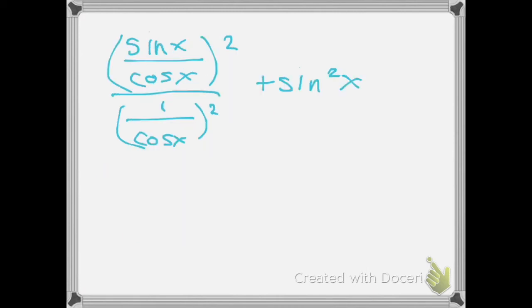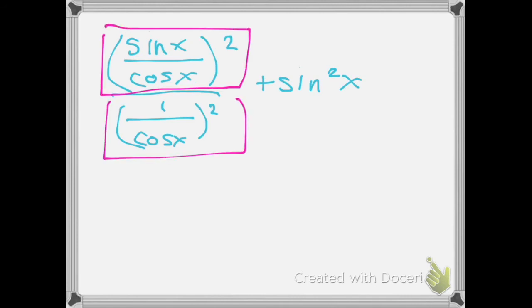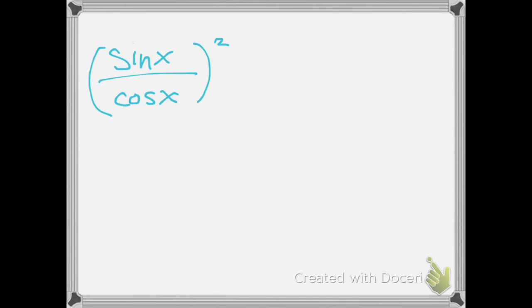So after we have expressed the equation in terms of sine and cosine, we can start to simplify the identity. So first we are going to start by simplifying the numerator and then the denominator, and this will be saved for the last part.